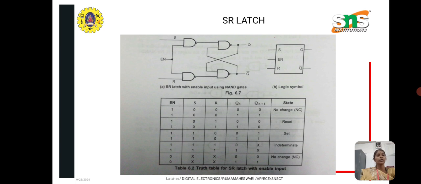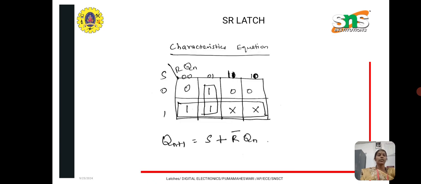The states are no change, reset, set, intermediate, and no change. So we have 8 combinations of input, from 0 to 7.